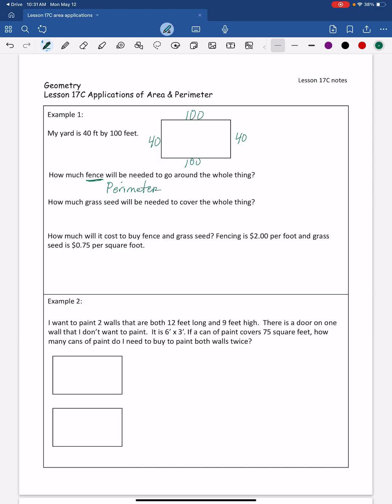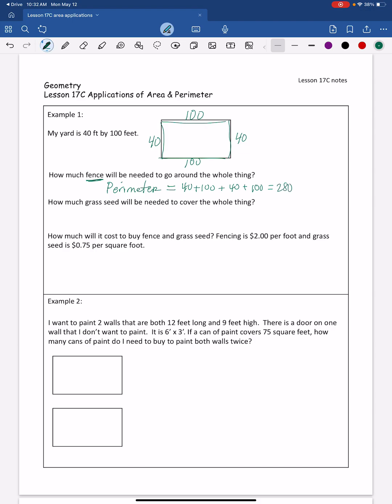Because fence is going to go around the outside edge of a shape, whether that shape is rectangular or triangular. Whenever you just want to go around an object, we're usually going to go perimeter, and on a rectangle, it's going to be to add those 4 sides, or there is a formula if you'd rather use the formula. All you're going to do is add those together to get 280.